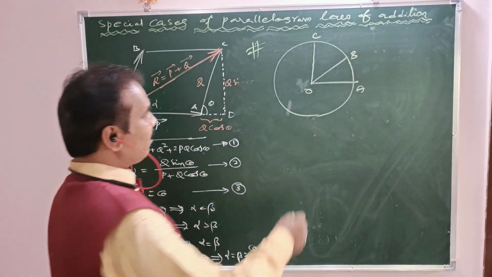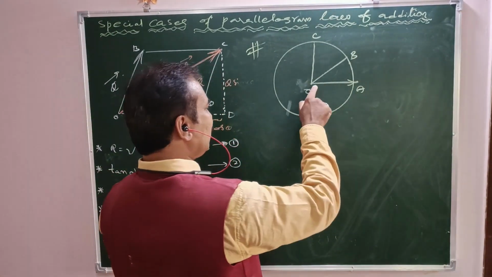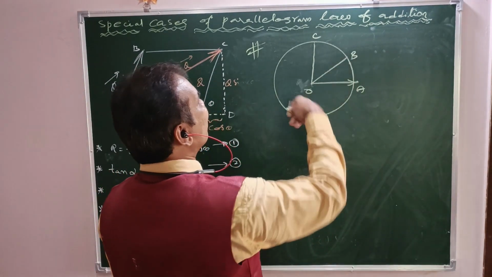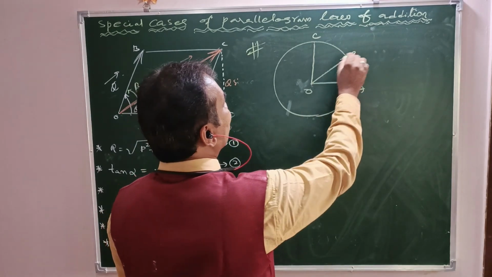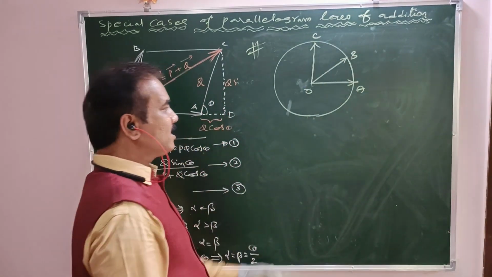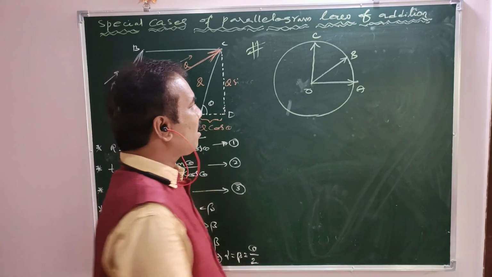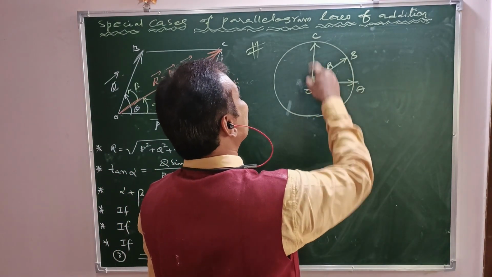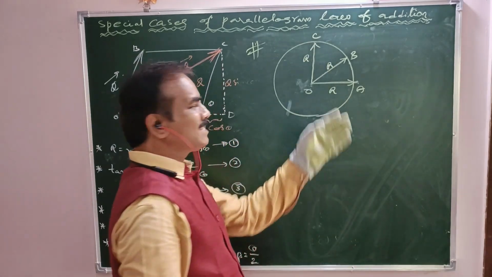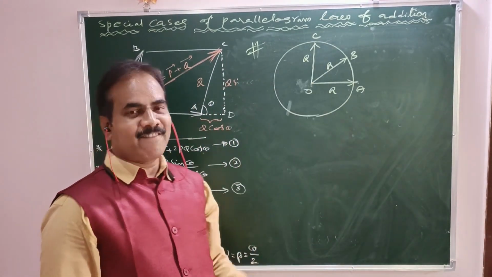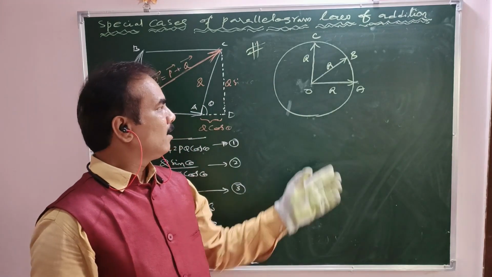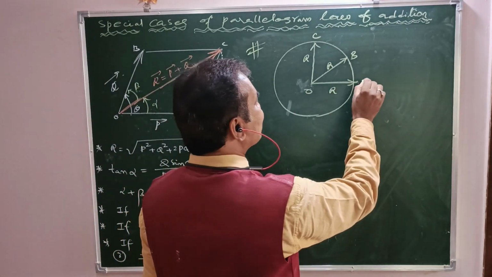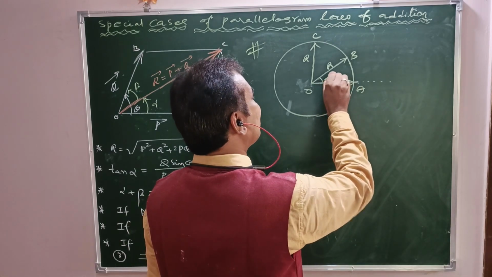Here we have three vectors drawn from the center of the circle onto the circumference, OA bar, OB bar, OC bar. Now what is the magnitude of each vector? R. From here to there R, from here to there R, from here to there R. So R is the radius of that circle. Okay, now what is the angle made by OB bar with the x-axis here? That is 45 degrees.